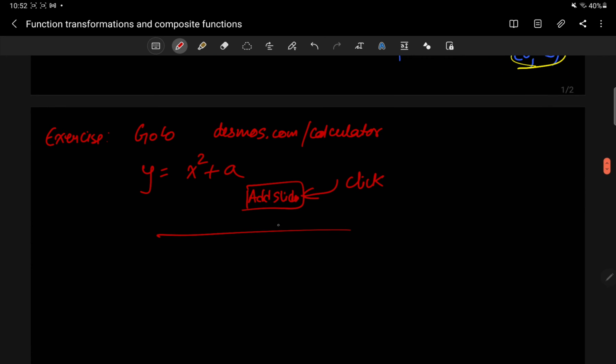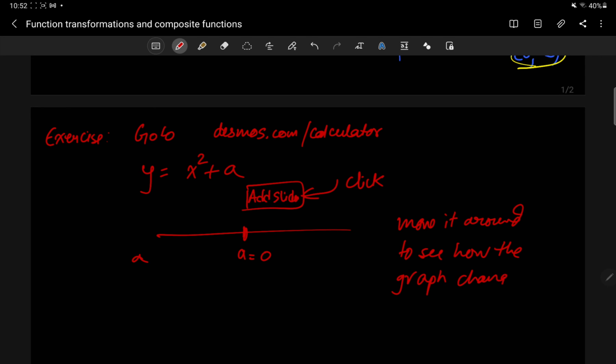Then you'll get a slider on a, and move it around to see how the graph changes. What you're expecting is when you move this to the right, that is positive, the graph should go up, and when you move it to the left, the graph should go down.